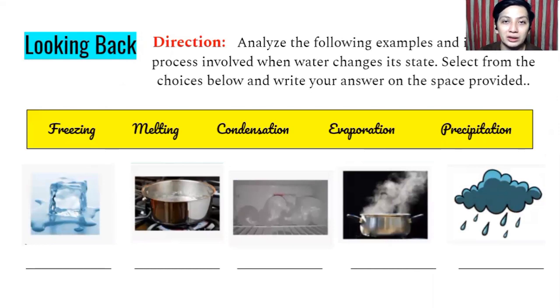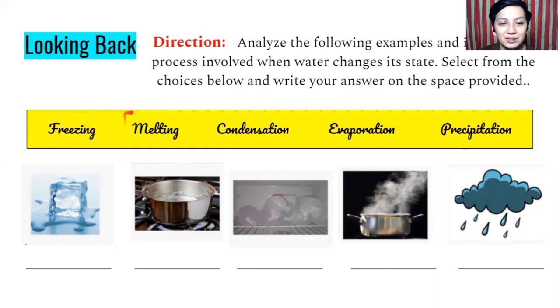But let's have a short recap on what we have tackled way back in our first quarter. Analyze the following examples and identify the process involved when water changes its state. Di ba alam natin ang tubig, nababago siya ng state: solid, liquid, and gas. Then select from the choices below and write your answer on the spaces provided.